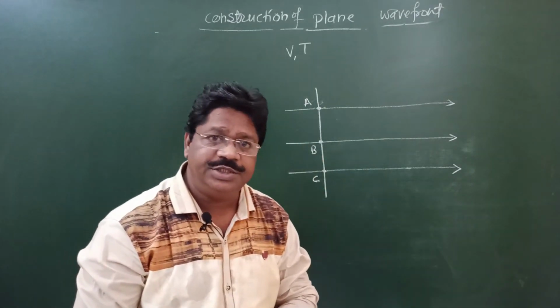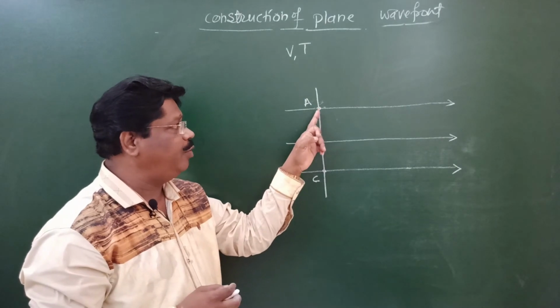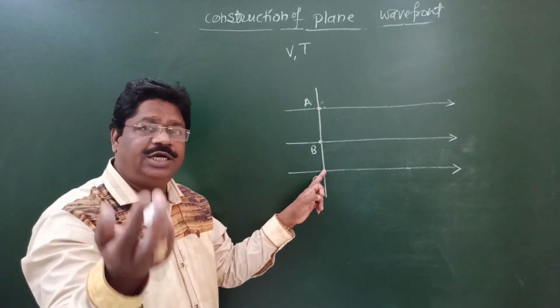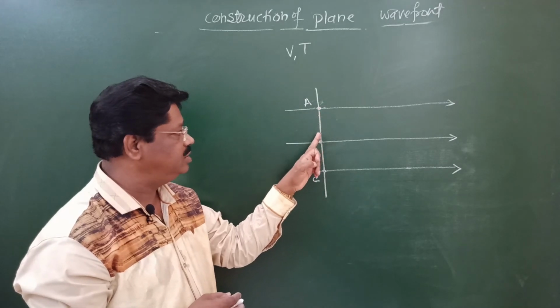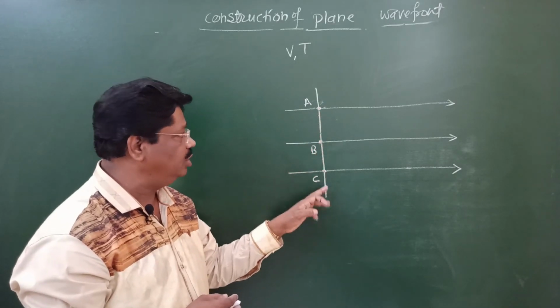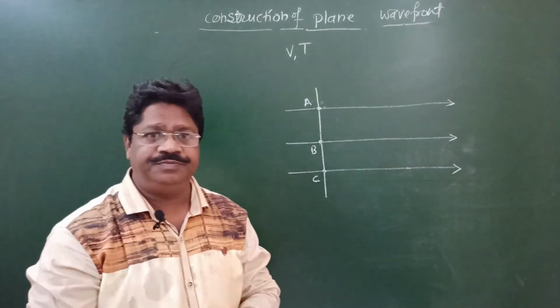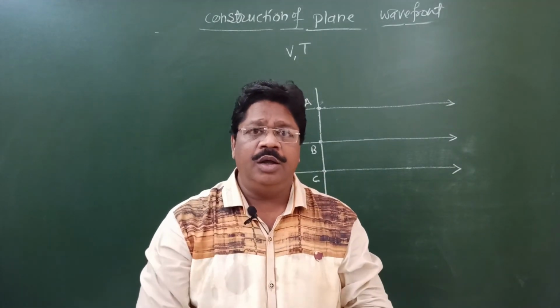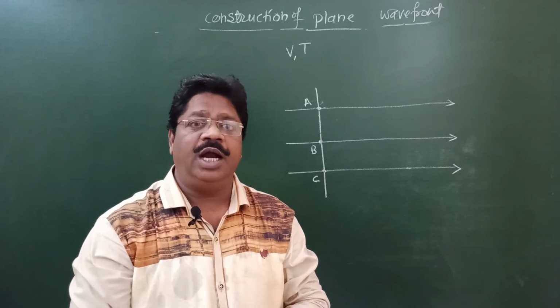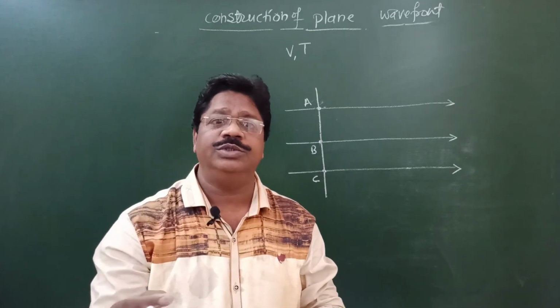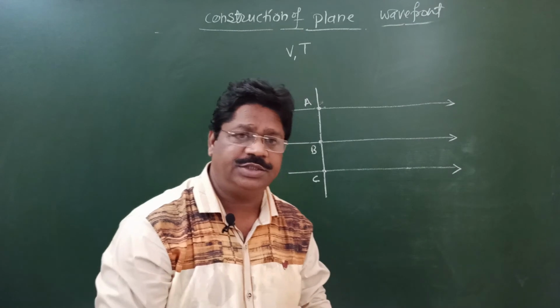According to the Huygens principle, every point on the wavefront acts as a secondary source of light. All these points on this wavefront ABC act as secondary sources of light, and they emit secondary waves or wavelets in the forward directions.